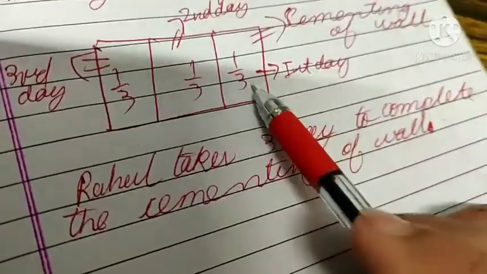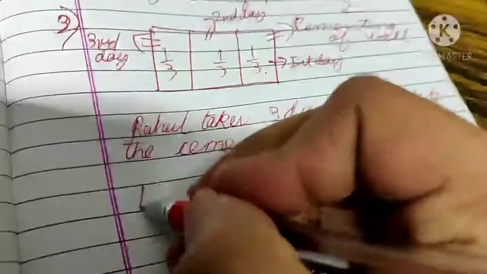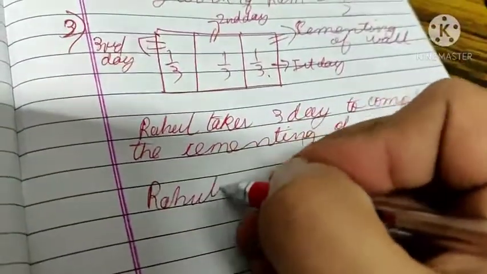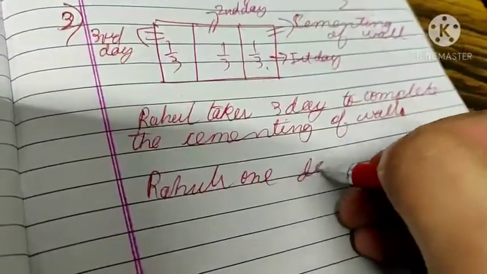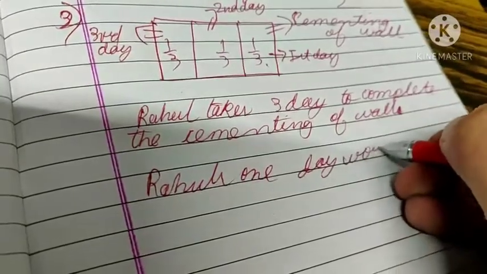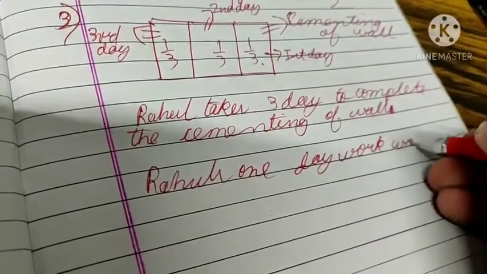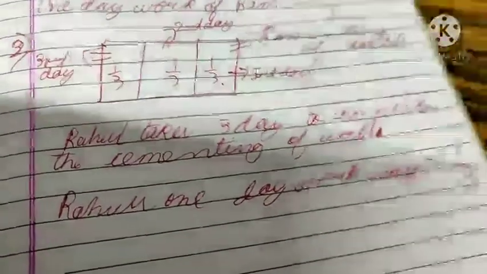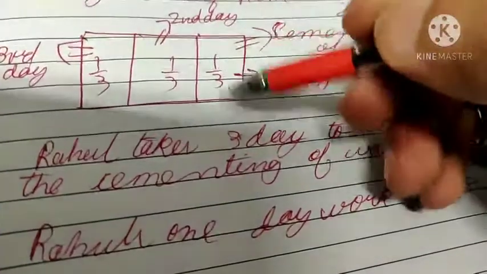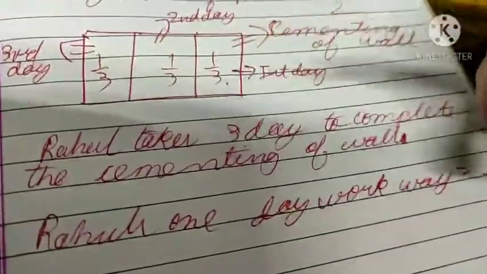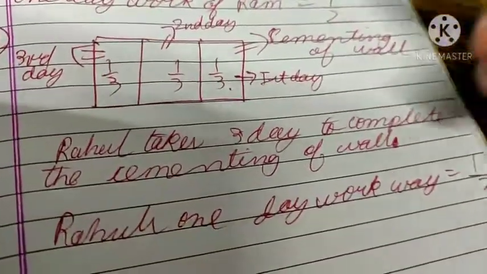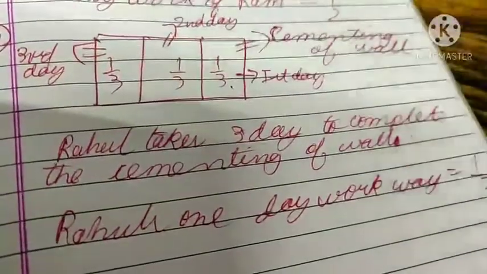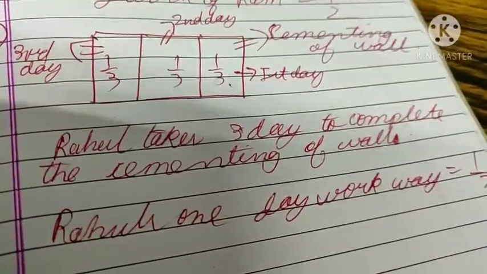Adding 1/3 of each day, you will get one complete work. Means Rahul's 1 day work was the reciprocal of the number of days, that is 1/3. 1/3 plus 1/3 plus 1/3 gives 3/3, and 3/3 is 1. That is, one complete work is done in 3 parts by 1/3, 1/3, and 1/3.